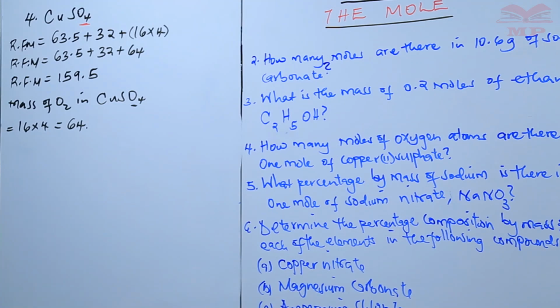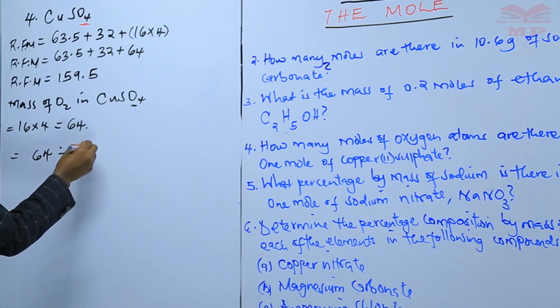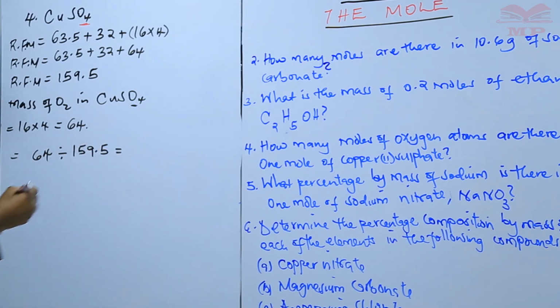And therefore, the moles of oxygen atoms will be 64 divided by the total, or the RFM of copper sulfate. This is 64 divided by 159.5. You get 0.4013.